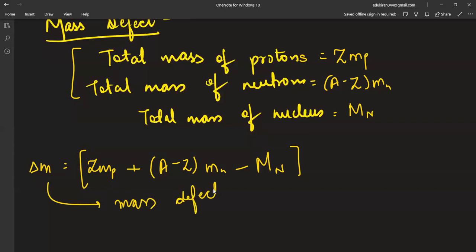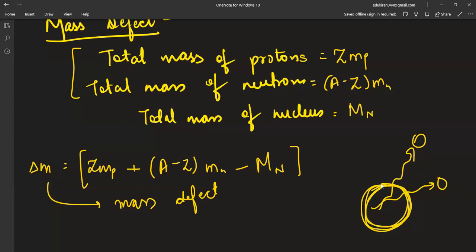Mass defect is seen when atoms are fusing, or fusion of atoms is occurring, or the atoms are splitting. Suppose atoms are getting split up into their respective components.